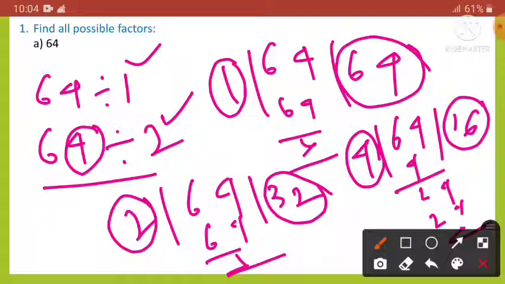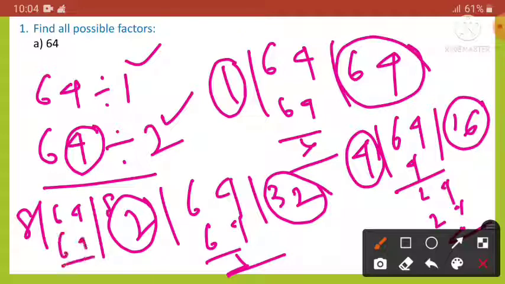Now if we divide 64 by 8, we will have no remainder, so we have another factor, that is 8. Here on both sides it is 8, and in the quotient it is also 8, so we take it once.